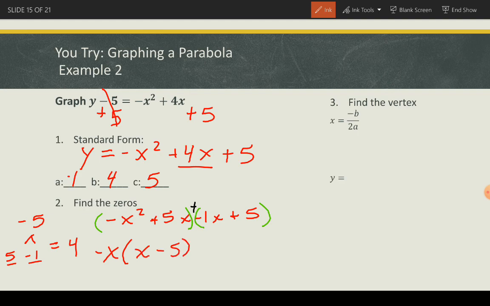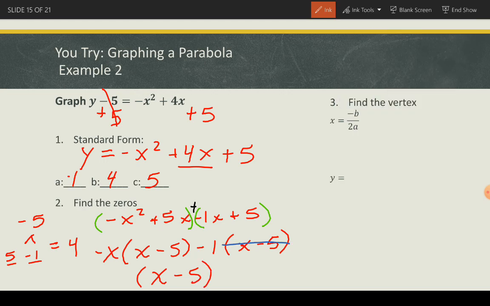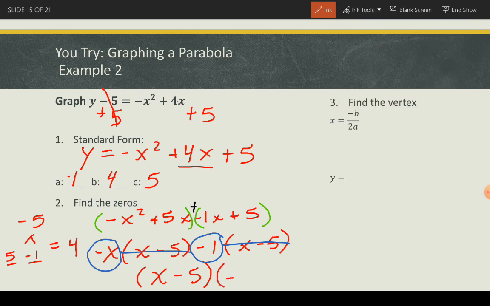And I can take out a negative 1 from here, and I'll have x minus 5 left. So my first factor is x minus 5. If I go ahead and scratch out my x minus 5 and write what's left, I have the remains for my second factor. So it'll be negative x minus 1.